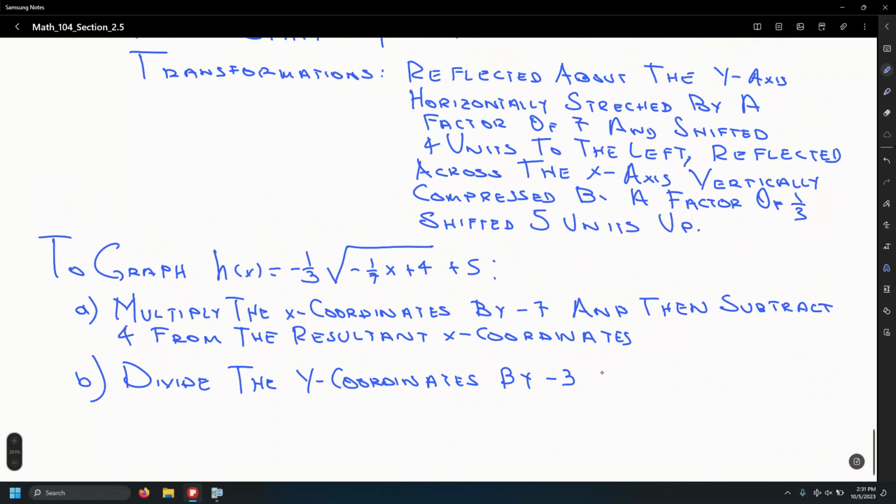And then add them 7 units. Sounds good? Because oh wait, where did I get the 7 from? No, that's actually 5 units, right? 5 units. Yep, that'll represent the vertical shift.